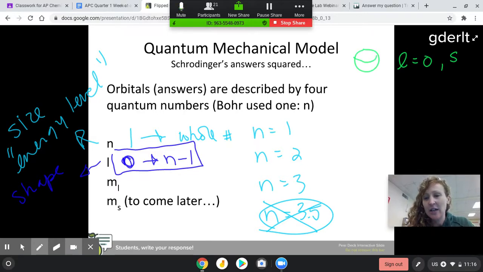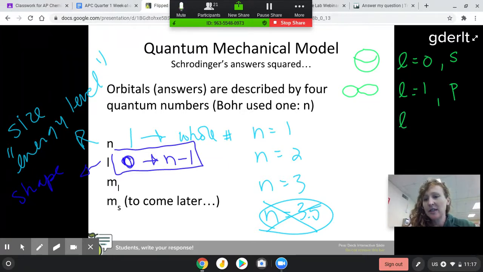L equals 1 is a P shape. What is P? Dumbbell. Yeah, so I'm going to draw it like this. Your book has a much better image of it than I do.